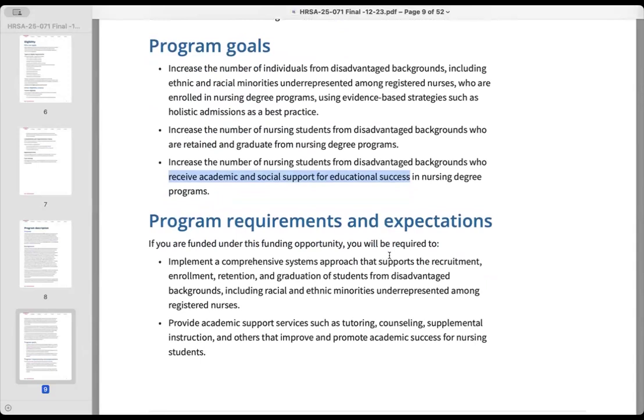Now, the very first nursing program that I worked for, I was hired to try and address an academic bottleneck. Students were not passing a specific licensing exam, and our goal was to find out how and why. And what we found is that a certain set of the students had the social capital, which means they had the network, the people that they could go and ask questions and ask for support that would help carry them through it.